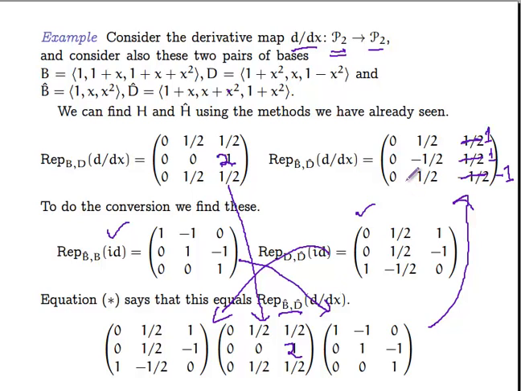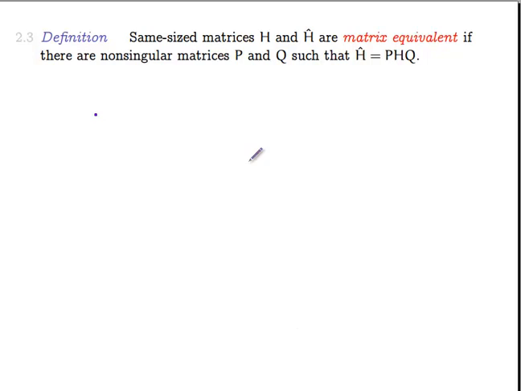So we're going to generalize that definition. We're going to say, suppose you can take one matrix and multiply on the left and right by invertible matrices to get another matrix. Then those two matrices are equivalent in some sense. And in fact, those two matrices do represent the same linear map with different pairs of bases. Okay? So that motivates this definition.